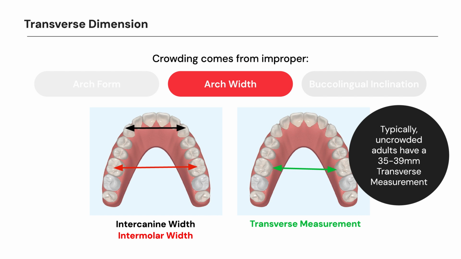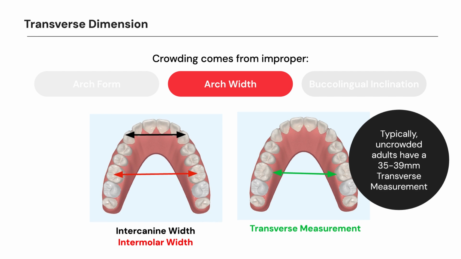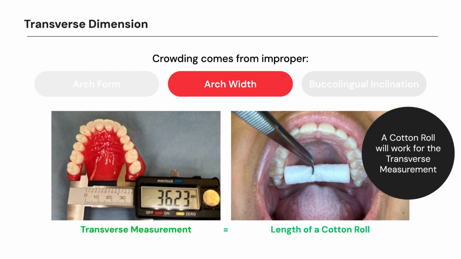Well, Jim McNamara, the guy from University of Michigan, a long time ago, came up with a better measurement, which actually makes more sense. And that is what is often called the transverse measurement, or McNamara measurement, which is the distance between those upper first molars, but is measured at the most lingual part of the tooth. So usually it's the crest of contour on the lingual of these upper molars, and we're going to measure there and figure out what that space is.